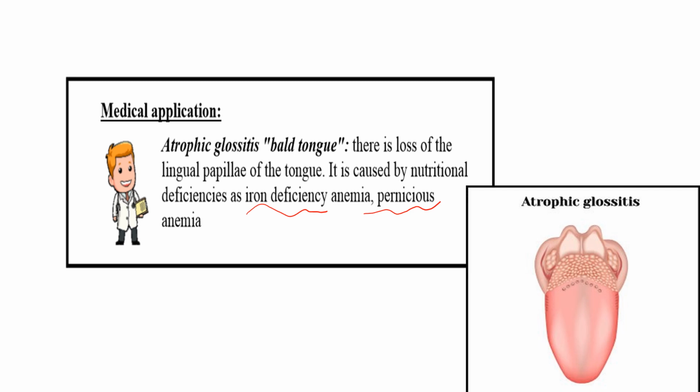So we are going to have atrophic tongue, atrophic glossitis or bald tongue. It has no papillae; there is loss of lingual papillae. When you see this tongue, you can guess that it is a severe nutritional deficiency, like iron deficiency anemia or pernicious anemia.